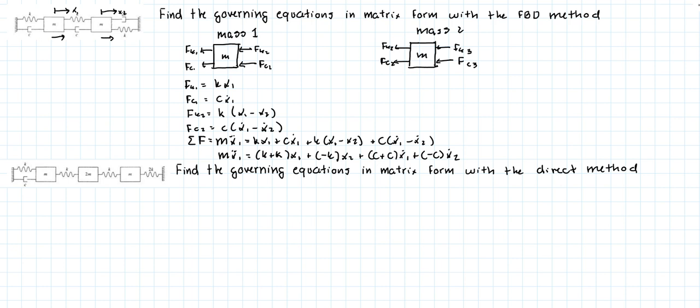Okay, so Fk2 is equal to k times x2 minus x1, Fc2 is c times x dot sub 2 minus x dot sub 1, Fk3 is equal to k x2, Fc3 is equal to c, or 2c, yeah, x dot sub 2.